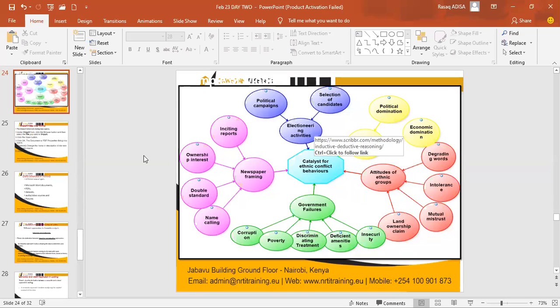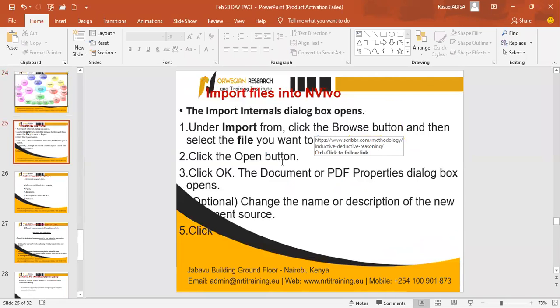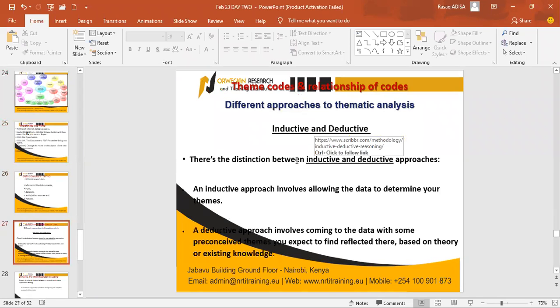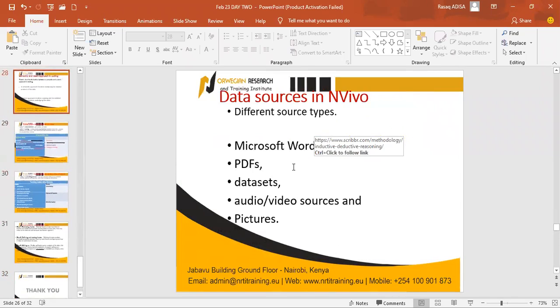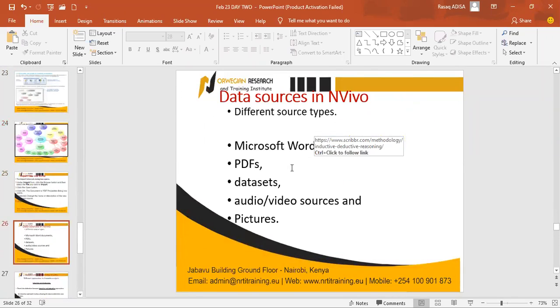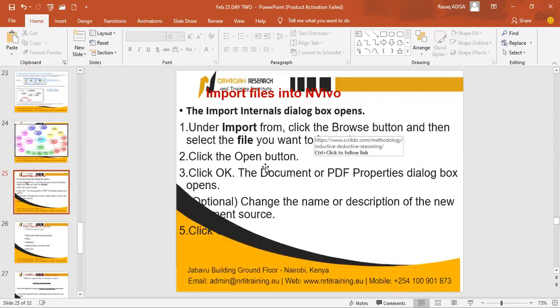Then any other observation or question, you can raise it within the remaining minutes we have left to have our 2 hours complete. Let's raise questions so that by tomorrow, by God's grace, we run through just 5 slides, then straight away move to Nvivo to demonstrate what we have been discussing.